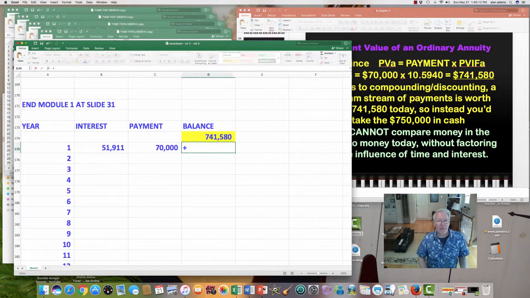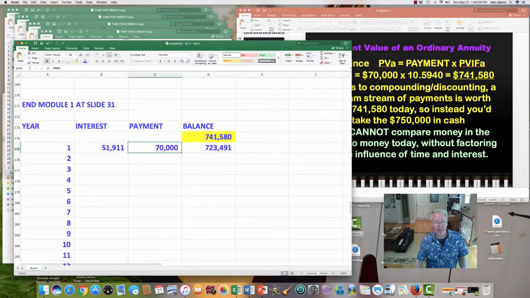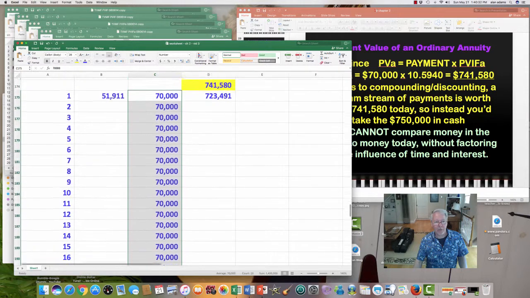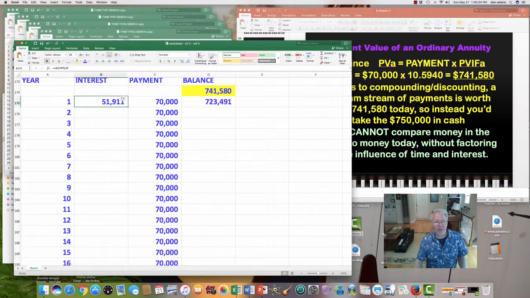Okay? The 741,580, if I had it in cash right now, would be at the end of the first year with $51,000 more, and then I take a $70,000 payment. Okay. Just like I did in the last example, ladies and gentlemen, I replicate my $70,000.